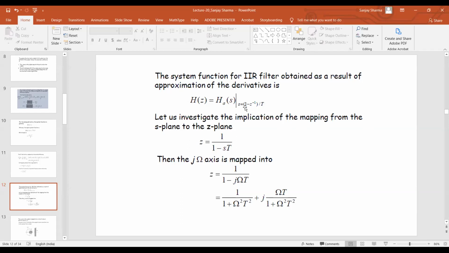Here s is equal to 1 minus z to the power minus 1 divided by capital T. If I calculate z from this equation, z equals 1 over 1 minus sT. Now, if I replace s with j omega, because I assume sigma equal to 0, I am only concerned about points on the imaginary axis, then the j omega axis is mapped into z equal to 1 over 1 minus j capital omega capital T. I can divide and multiply by 1 plus j capital omega T, and I will get this formula.